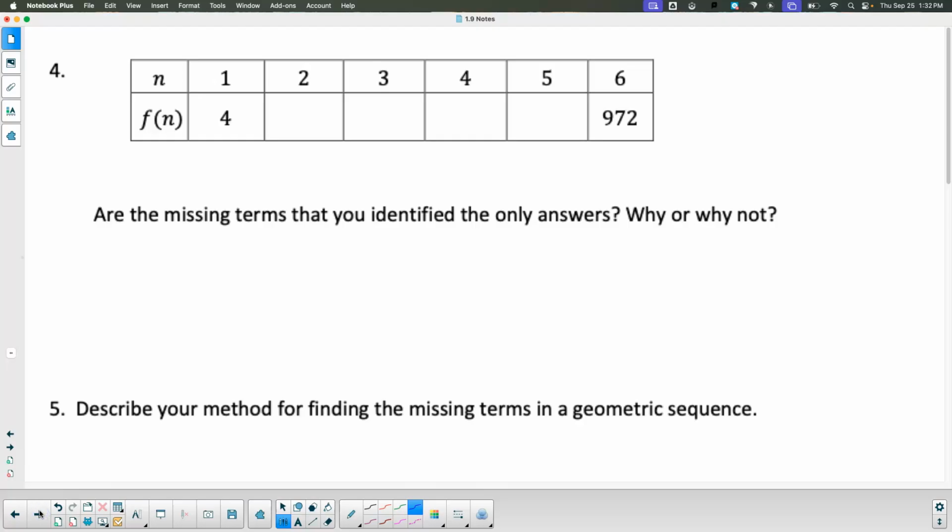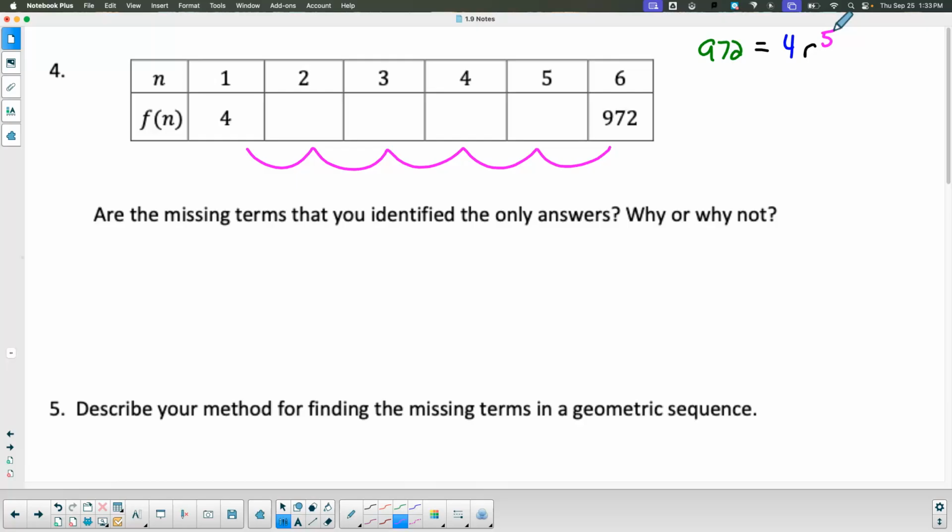All right. Number 4. 972 is going to be 4 times r to the 5th power.